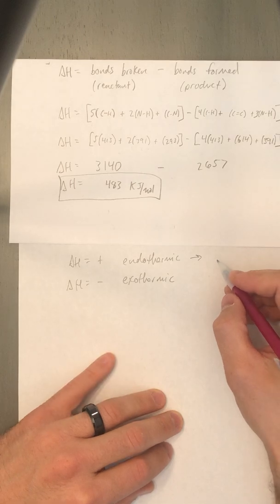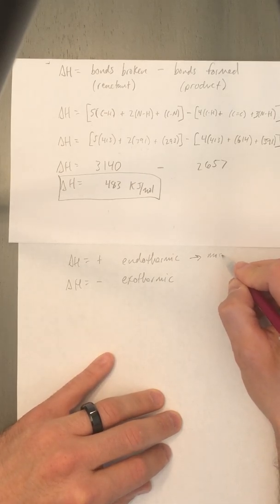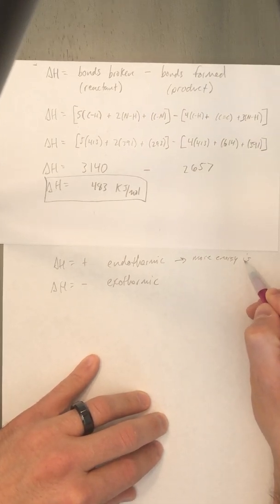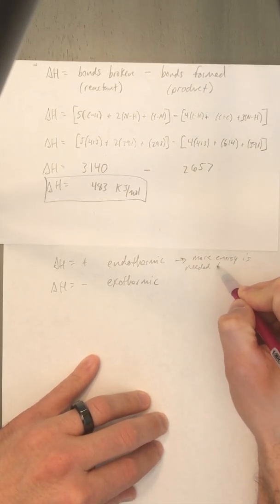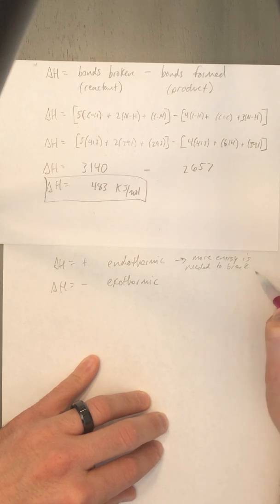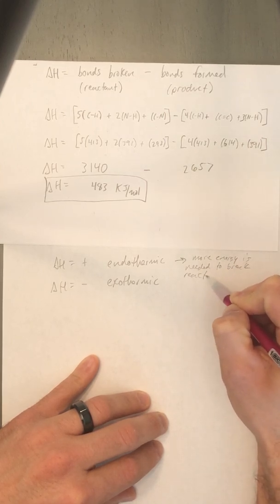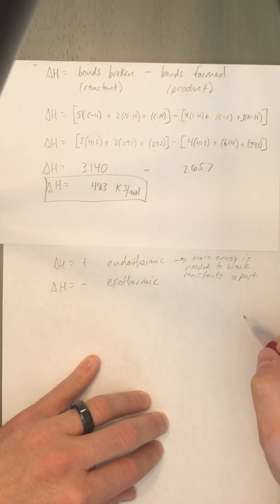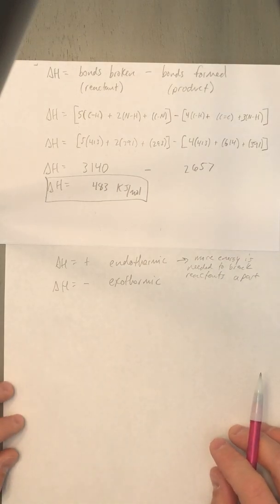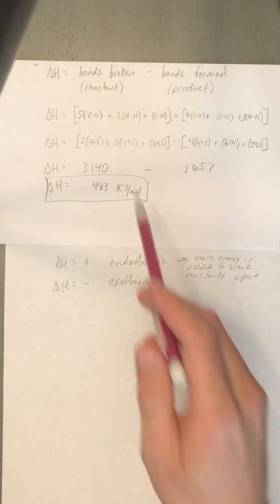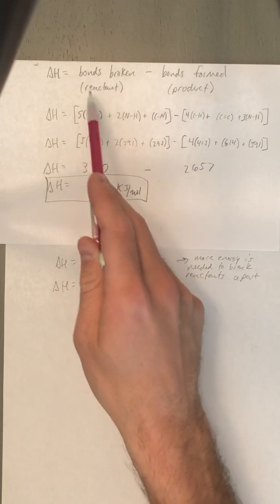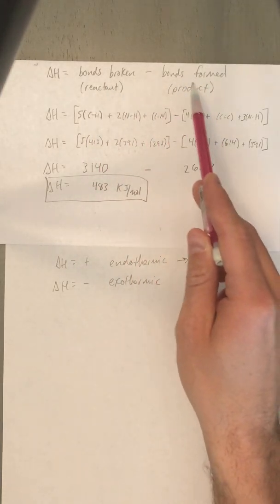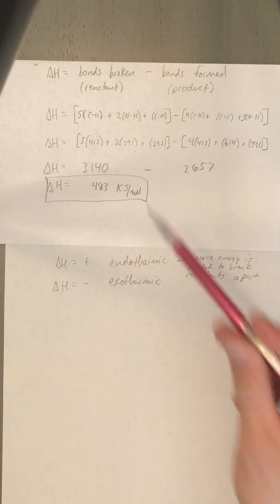Or you would think more energy is needed to break reactants apart. So if this is a positive number, that means that you had to put more energy in to break the reactants apart than the energy that you got back out when the new bonds in the product formed.